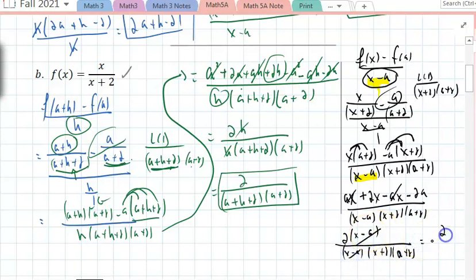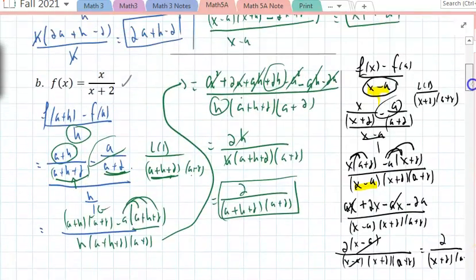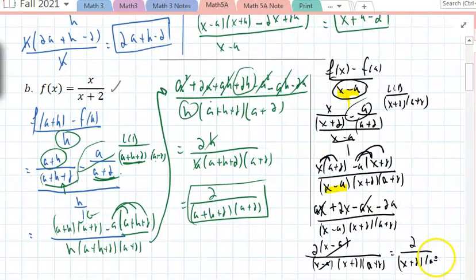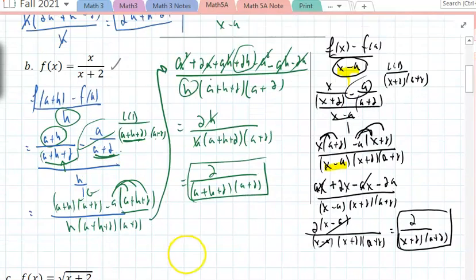And I'm left with a 2 divided by x plus 2 into a plus 2. Again, a bit tedious. I love that part. Okay. X plus 2, and that would be my final answer.